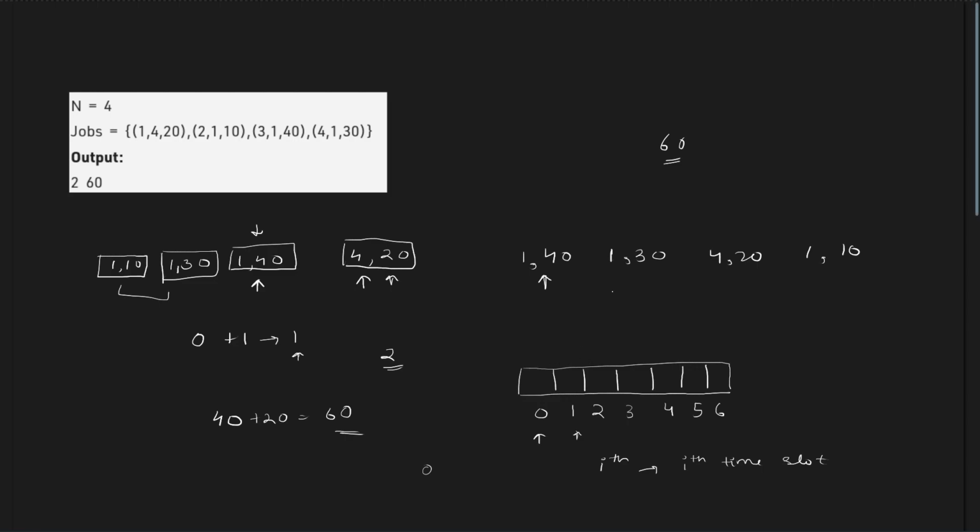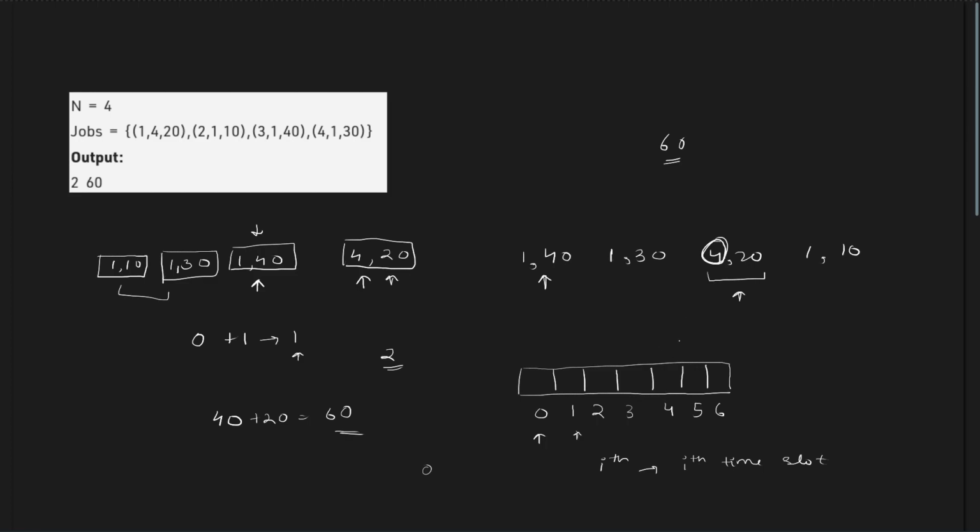Now you would observe for any index, for example, let us take this one. If I want to include this job, what is the best time slot to insert this particular job? So if the deadline is 4, my guess would be I would want to insert it into such a place such that the time slot is maximum.